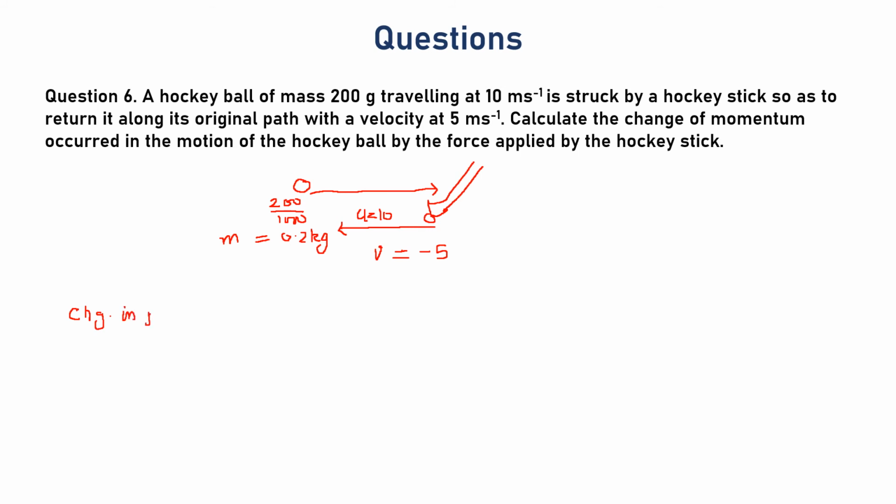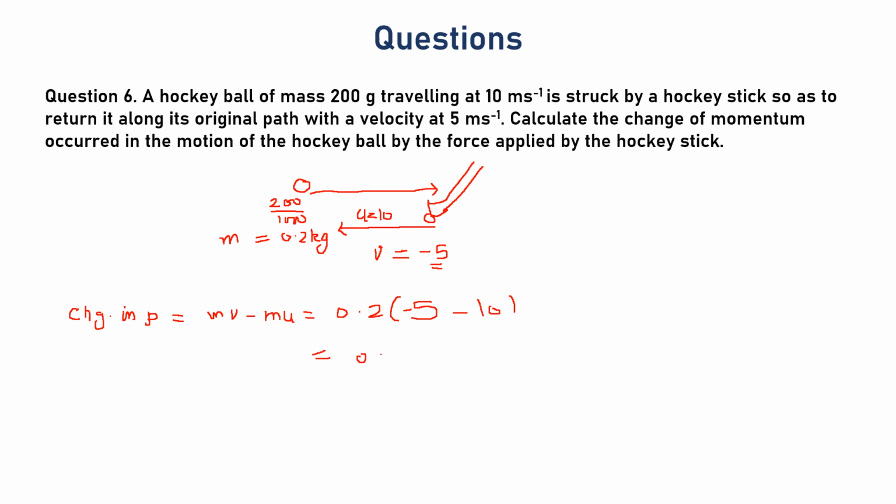Change in momentum will be p2 minus p1, or let's say here mv minus mu, where m is 0.2, the mass of the ball, right? Within the bracket v. Now over here v is -5. So -5, and the minus sign is already there. Minus. What is u? 10. Right? It is 10.